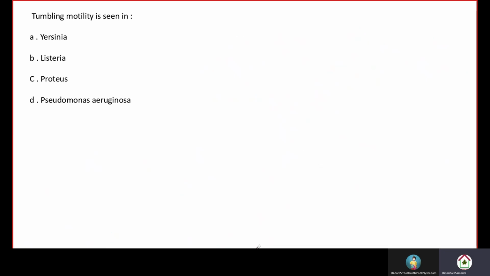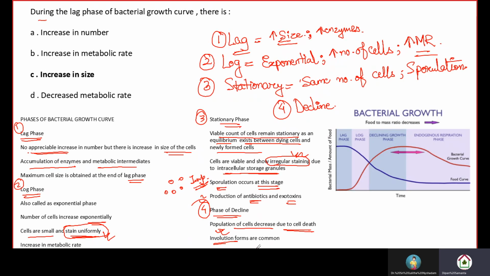Okay, next question. This bacterial growth curve is very important. You must remember, even this image is very important. For IBQ, it can come. In IBQ they can give this, and they can ask some questions based on this. They can point out and ask.